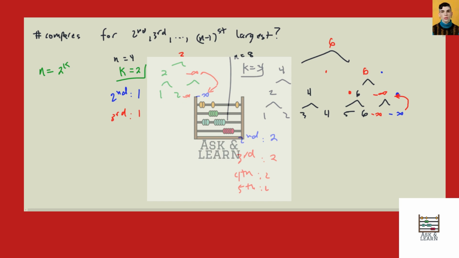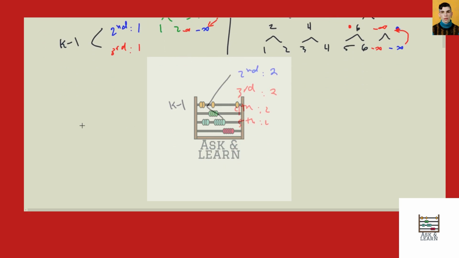You might notice that for each of these, the number of comparisons is just k minus 1, and over here, this is also k minus 1. So we expect k minus 1 comparisons to find each of the next largest.